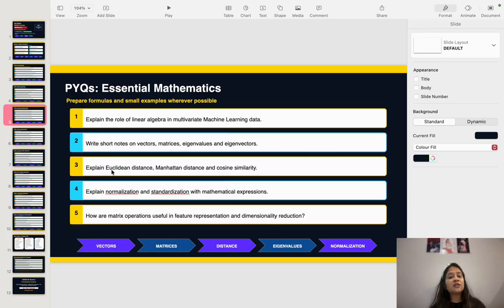Third is explain Euclidean distance, Manhattan distance, and cosine similarity. Next is explain normalization and standardization with mathematical expression. How are matrix operations useful in feature representation and dimensionality reduction? Okay, so these are the things which you should not miss.